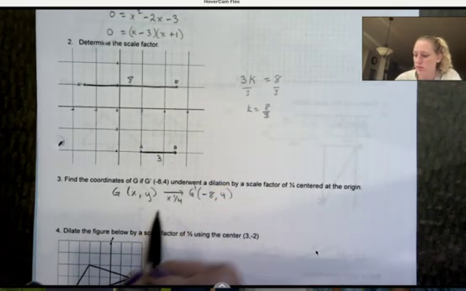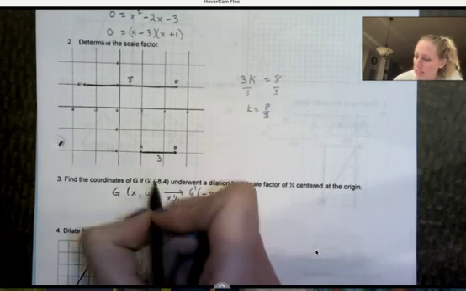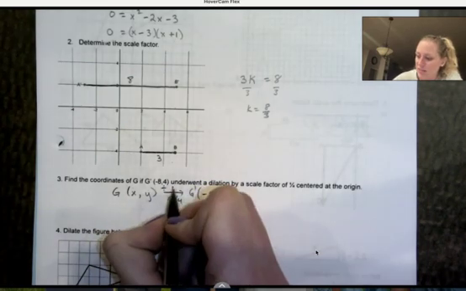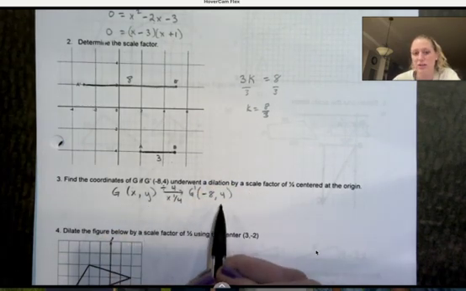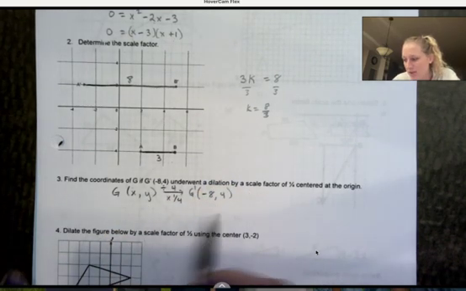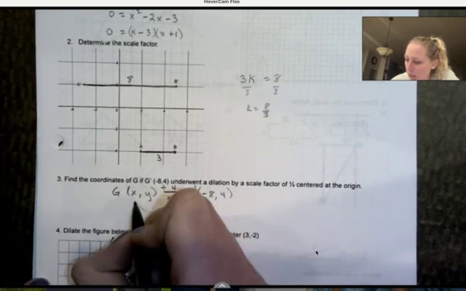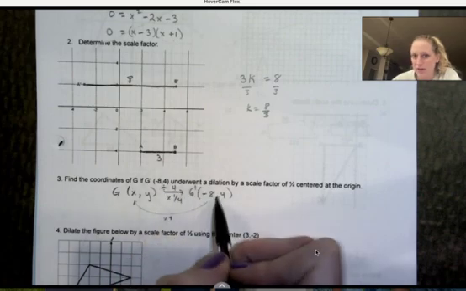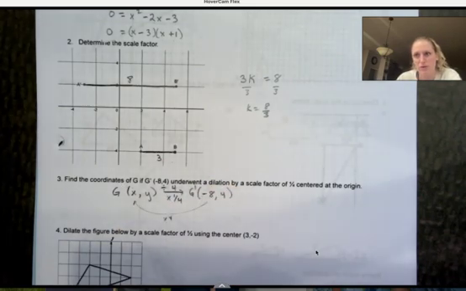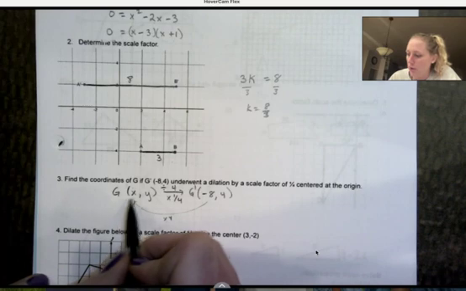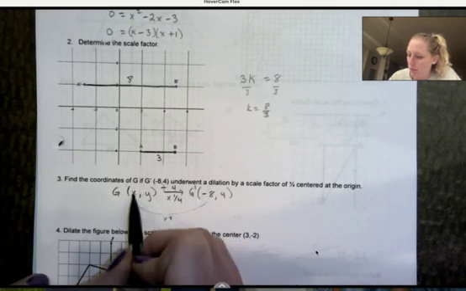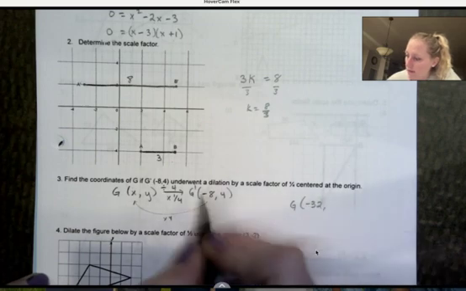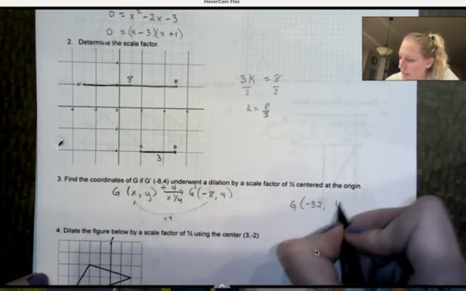Something that's helpful for me, you guys, is that multiplying by a fraction is the same as dividing by its reciprocal. So multiplying by 1/4 is the same as dividing by 4. Going this direction, they divided by 4. If I want to go the opposite way, I would multiply by 4. So work backwards to find out what the preimage was. Negative 8 times 4 is negative 32. And 4 times 4 is positive 16.